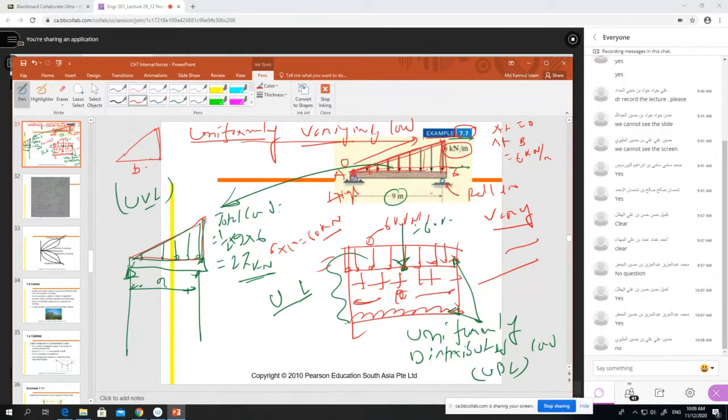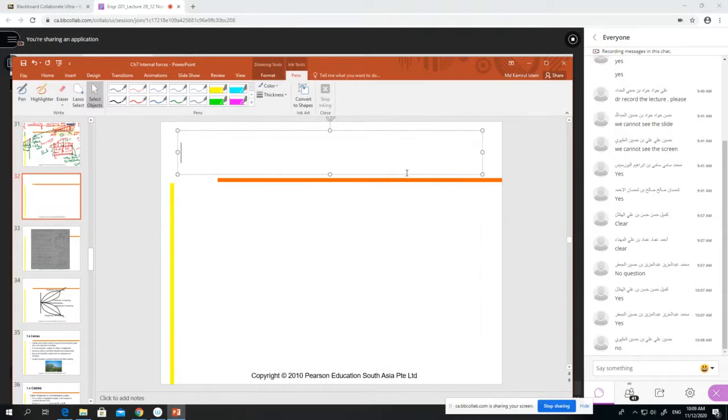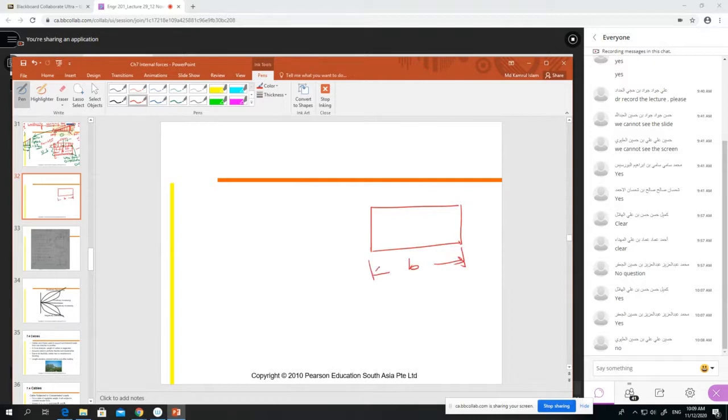Learn it now from me. It's very important. Let me draw it more clearly. Suppose this is the rectangle, this is b and this is d.